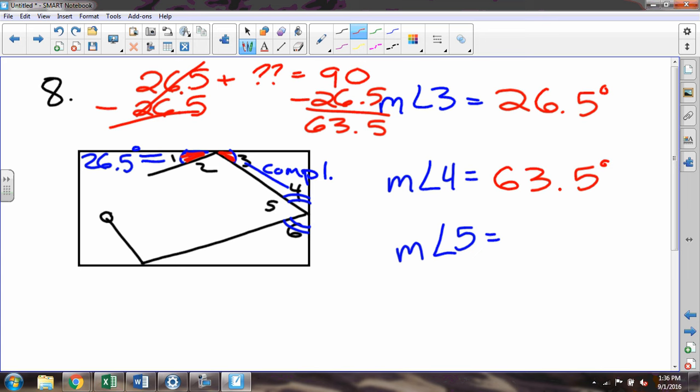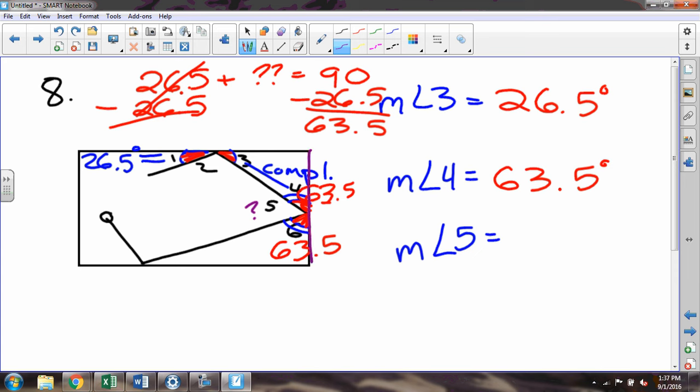Chaining this together further, 63.5 is angle 4, and angle 6 is congruent to angle 4, so both of those have to be 63.5. Now we want to figure out, lastly, how big is angle 5? There is a piece here that you must recognize, and the directions don't tell us it.